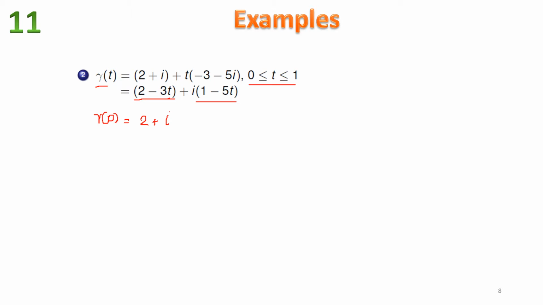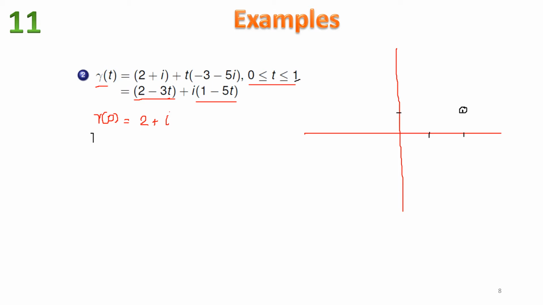Now let us try to identify the things. Now here we have to go ahead 2 units along real axis and 1 unit along y-axis, that is imaginary axis. So this is our starting point and the end point is t equal to 1.